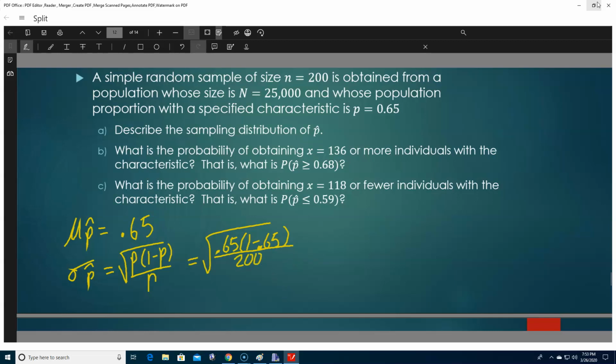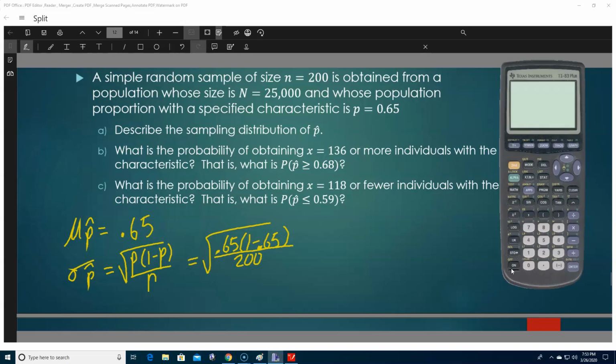So then we go to our calculator. We type it all in exactly. Square root, open parenthesis, 0.65 times 1 minus 0.65, close the parenthesis, divided by 200, and enter.